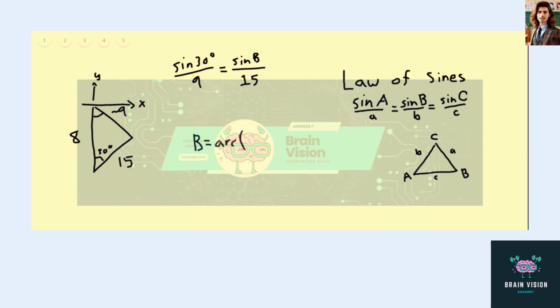And so it'd be the arc sine of, multiply this to the other side, 15 divided by 9 times sine of 30 degrees. So the answer for this ends up being 56.4 degrees right here.